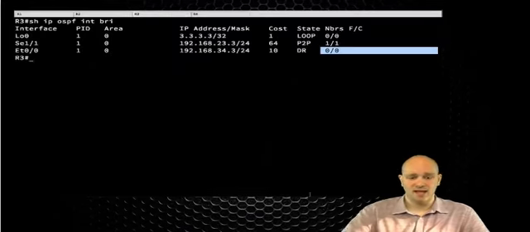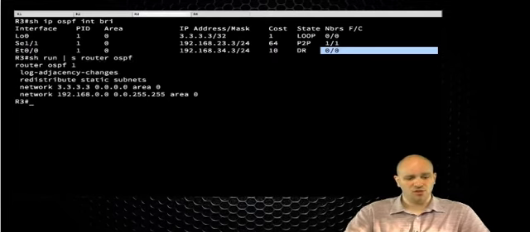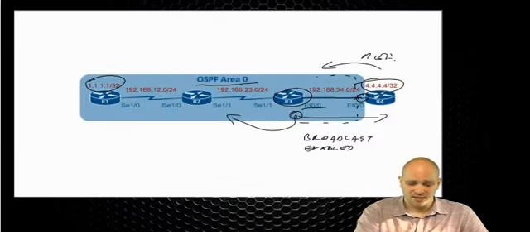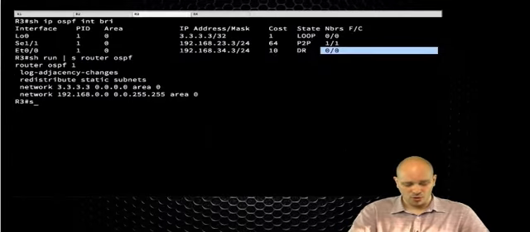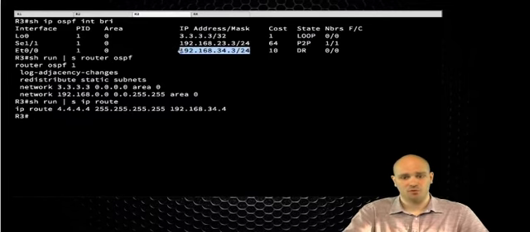Now mind you, we have 0 neighbors on this interface, but that's irrelevant because OSPF is enabled on this interface, and interface is not passive. If I take a look at show run | section router ospf, I don't see any definition of the passive interface, which means that this interface here is non-passive. Now, by virtue of OSPF being enabled on this interface, if I take a look at the static route that actually injects this route, it says 192.168.34.4, which is part of the subnet that is enabled for OSPF.